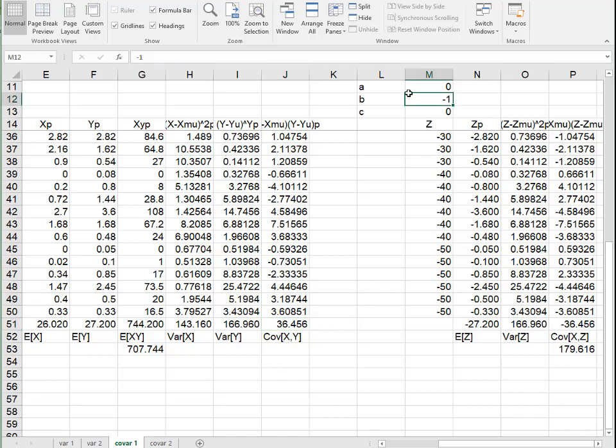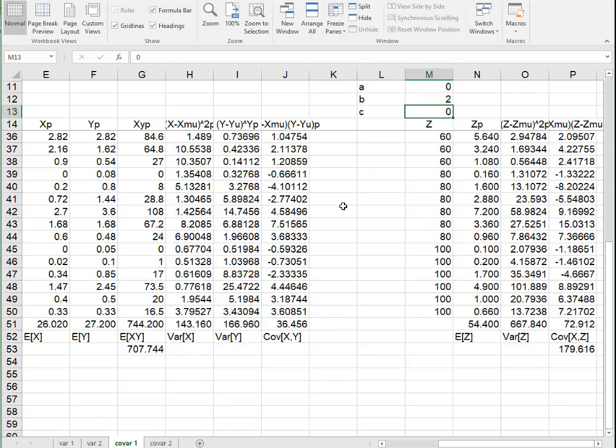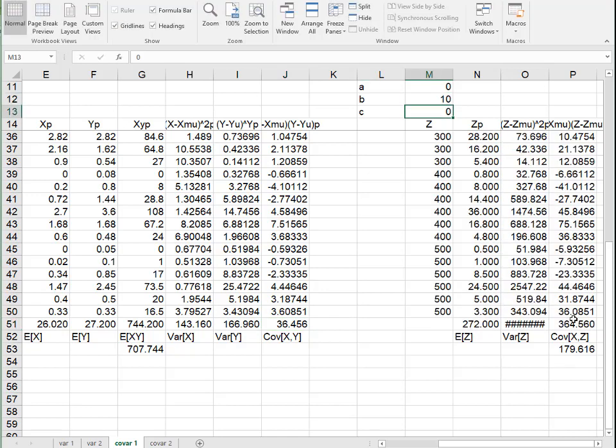And if you check a few other things by putting 2 here, so y is now 2y, so the covariance of x with 2y is twice. Just multiply that by 2, obviously. If you put 10, it might be clearer. So it just multiplies by that factor. And so on.